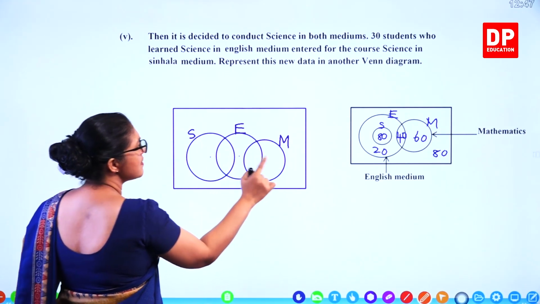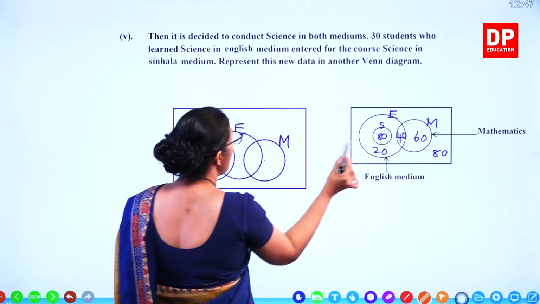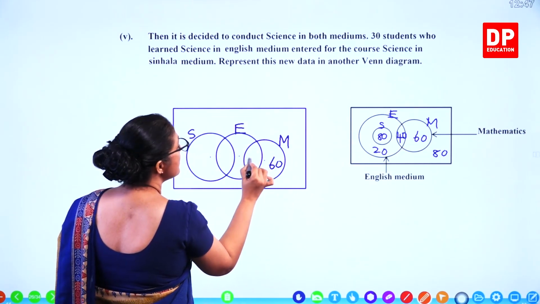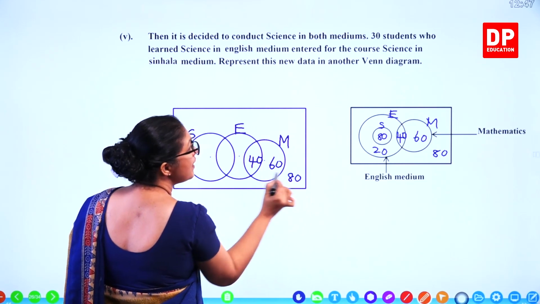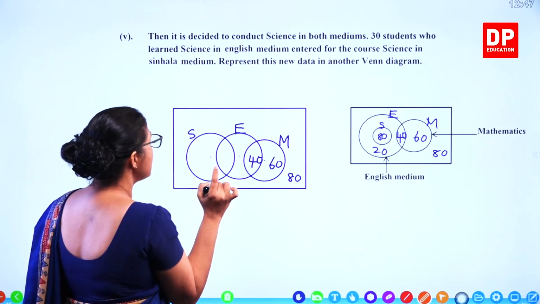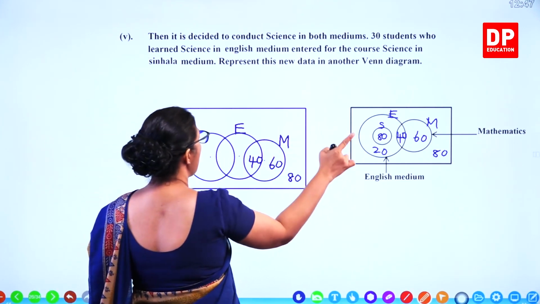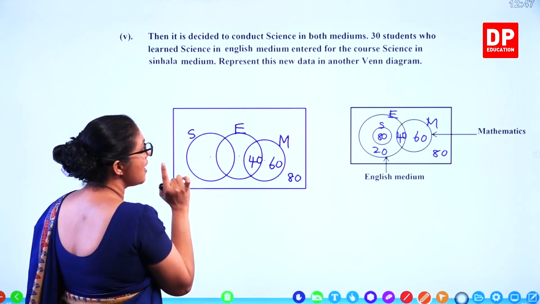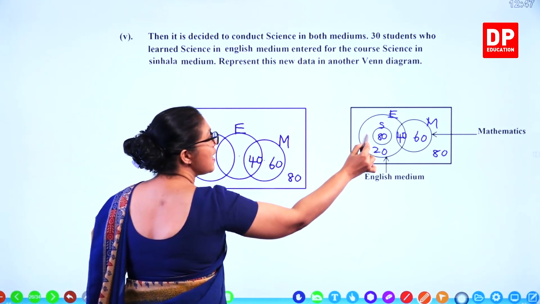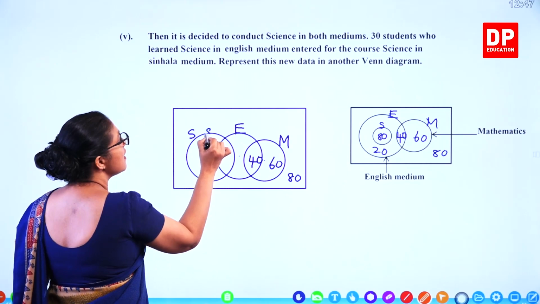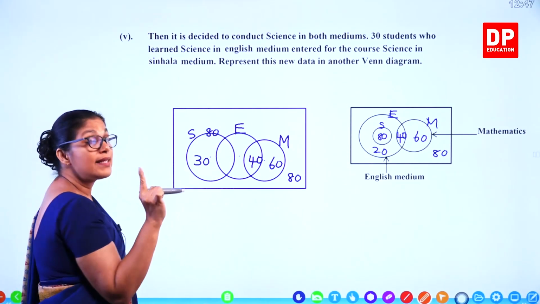So this side is same as before. So mathematics 60, this is 40 and 80 outside. That's the same. And here English and mathematics 40, that's correct. Now what happens, out of 80 science students, 30 are doing it in Sinhala medium.